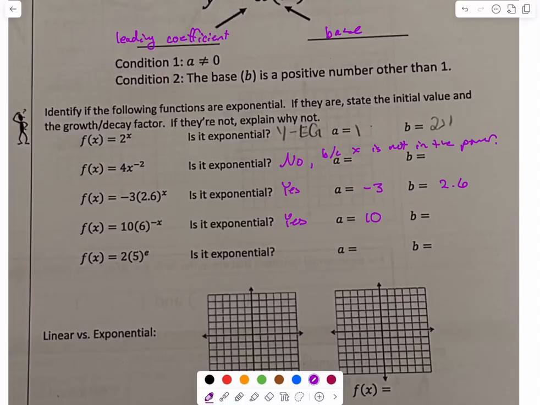Our b is 1/6, so that's a decay factor of 6. Exponential, I would say no, because there's no variable x in the power.